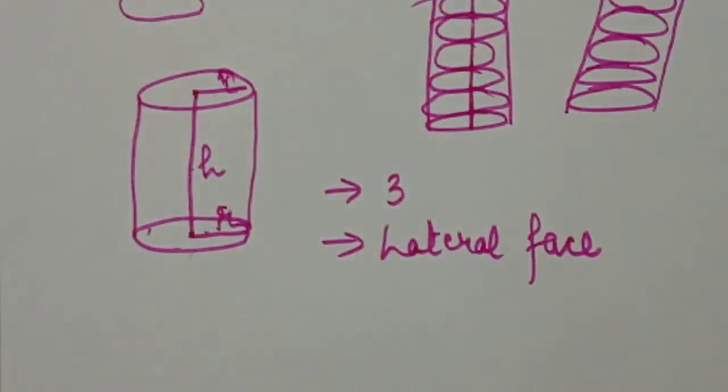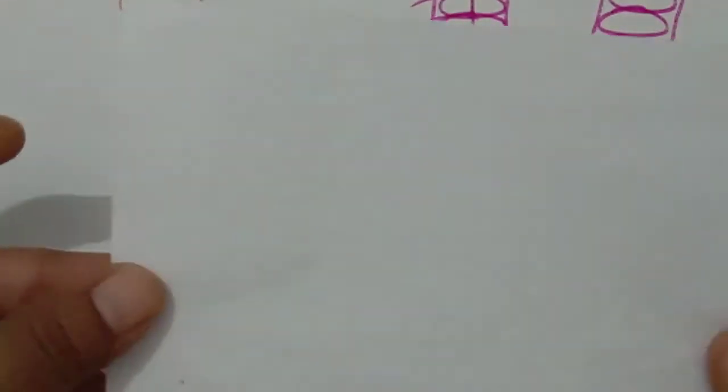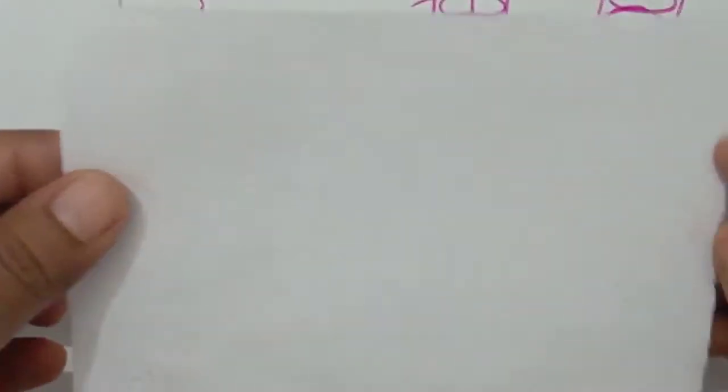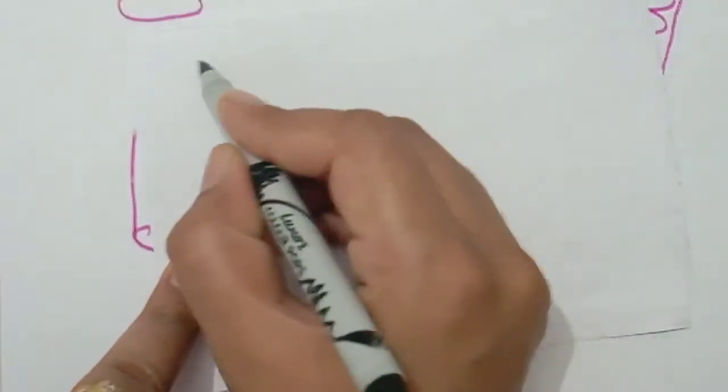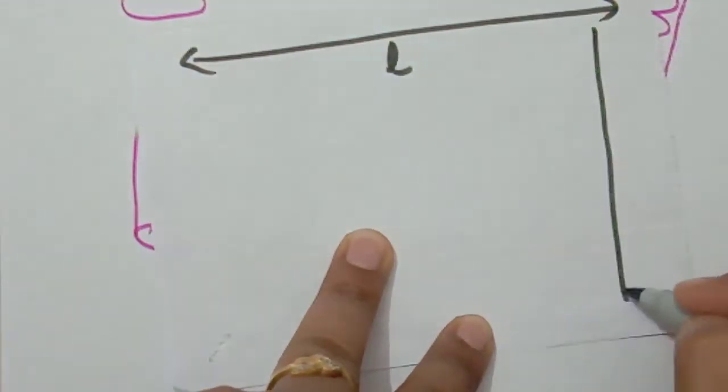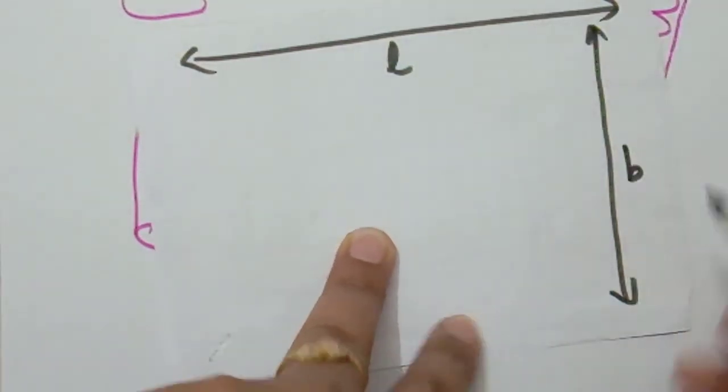Now I will show you how we make a cylinder and what the rectangle's revolution about the cylinder is. Students, this is a rectangular sheet, and in this rectangular sheet we have length and breadth.